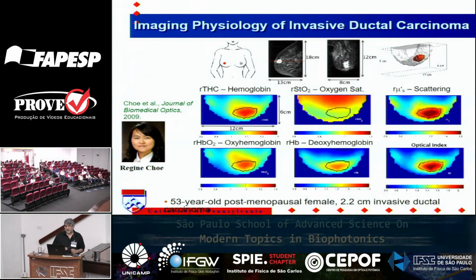And so just again, I'm just showing you, I'll tell you a lot more about this tomorrow, but here's a measurement, a slice out of a three-dimensional image of a tumor by Regina Cho. Here I'm looking at its hemoglobin concentration compared to the background. Here I'm looking at its oxygen saturation compared to the background. Here I'm looking at the scattering compared to the background.